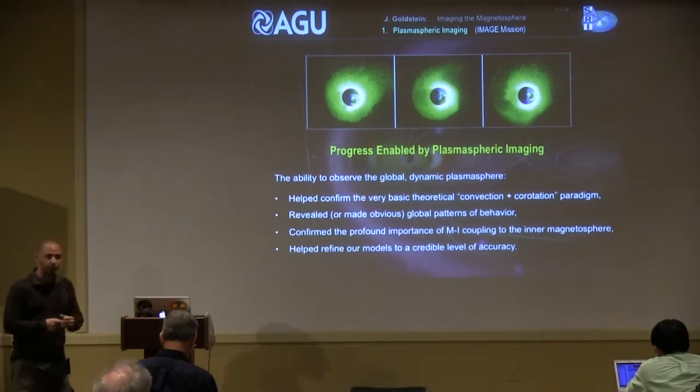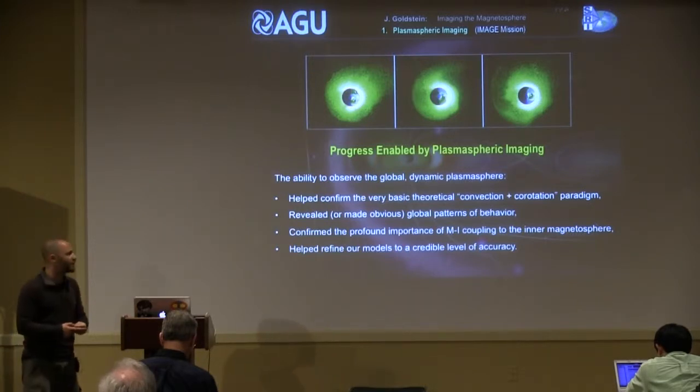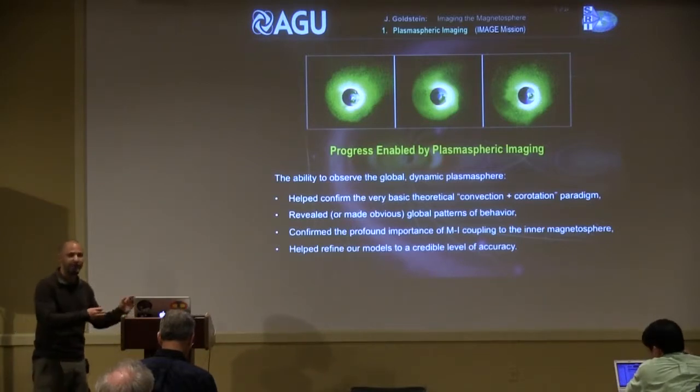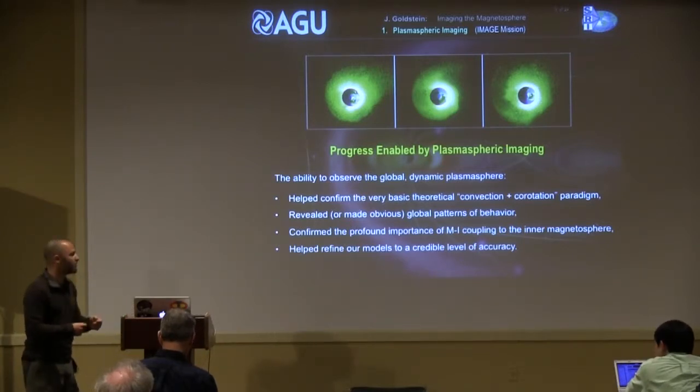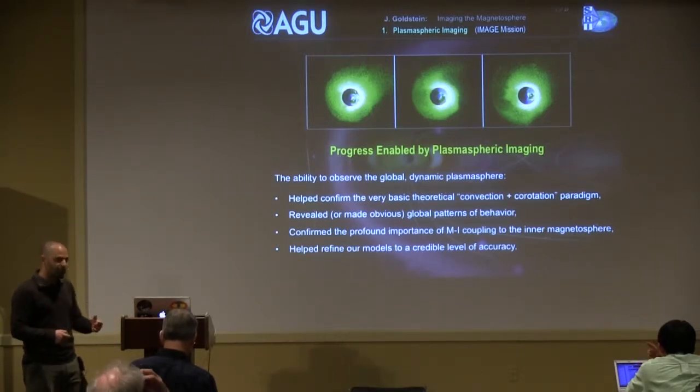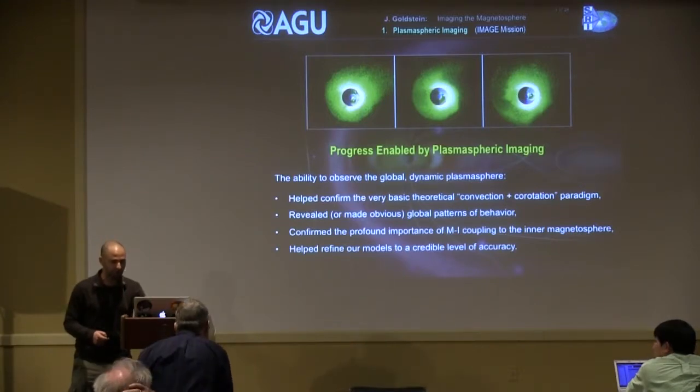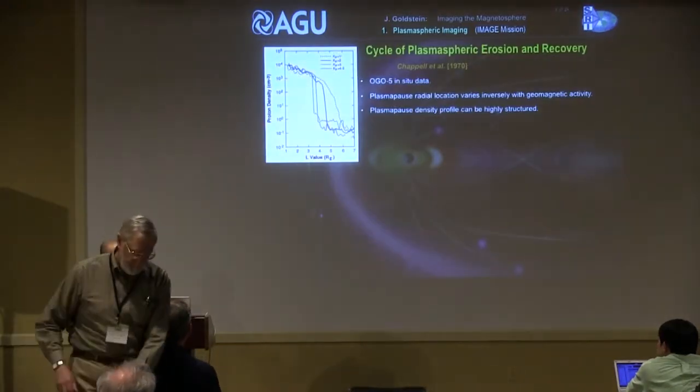We have revealed, or in some cases made obvious, what models had told us were global patterns of behavior, confirmed the profound importance of MI coupling to the inner magnetosphere, and I'll be hitting that thread many times in this talk because this is an MI coupling workshop, and then helped refine our models to, I think, a pretty credible level of accuracy, as I'll try to demonstrate later.